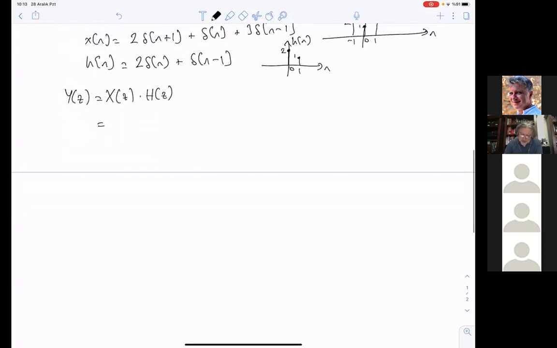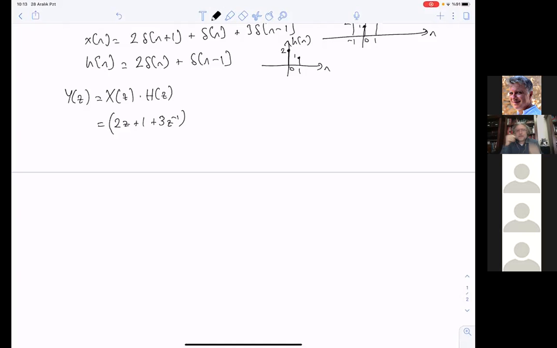So what is x of z? Let's write x of z. X of z is 2z plus 1 plus 3z to the minus 1. Do you all agree with this one? I just took the z transform of x of n, value by value. 2 delta n plus 1 is an impulse at -1. Its value is 2, and therefore its z transform is 2z.